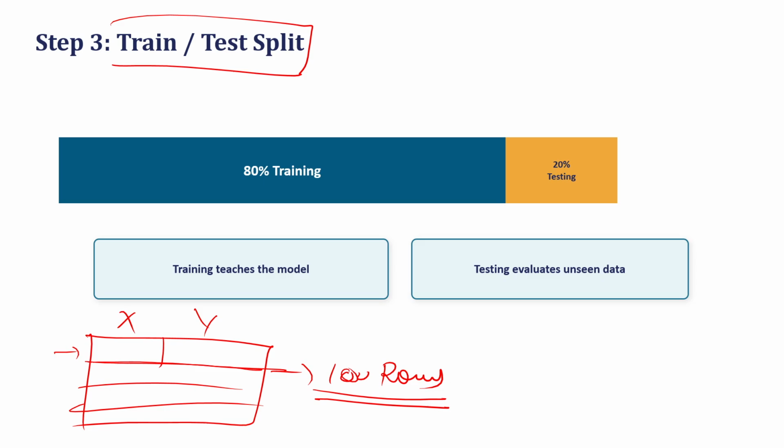Now you need to split it so that you can train on some data and then check whether your model is able to predict on unseen data, which it has not seen before. There you test the model and say that my model is generalized enough to predict on unseen data. So you train the model on the training data, which is most of the data, around 80% as a standard, and 20% is for testing, which evaluates on unseen data.